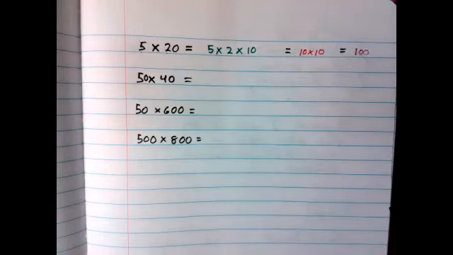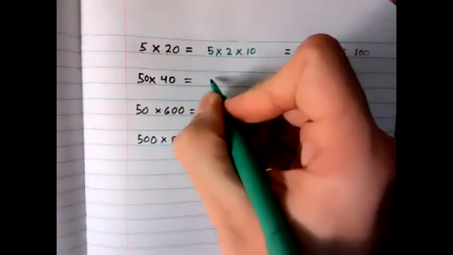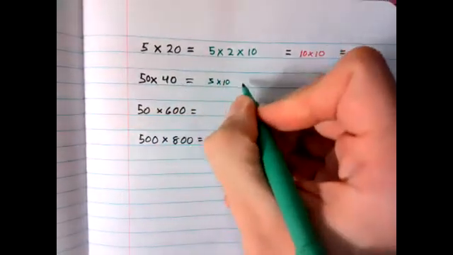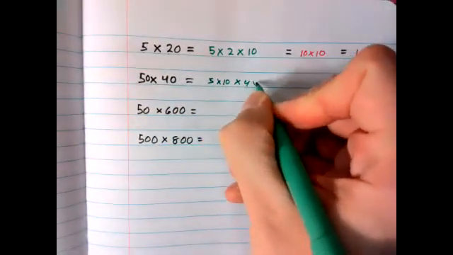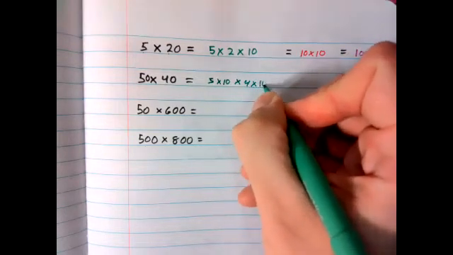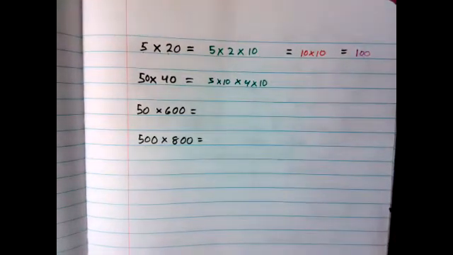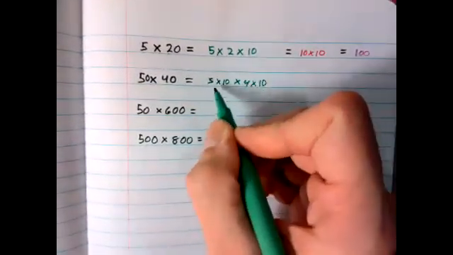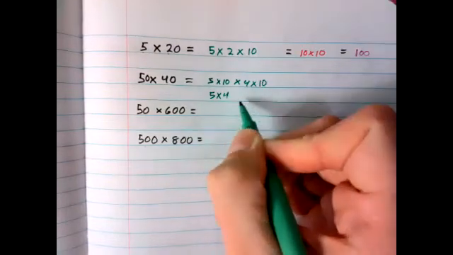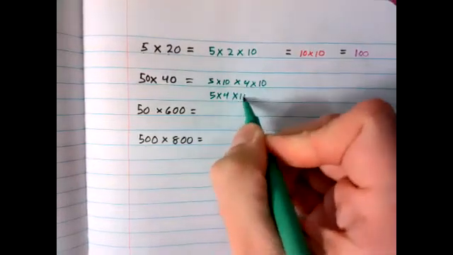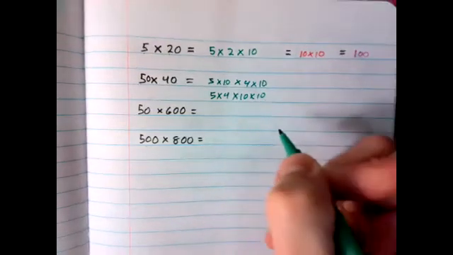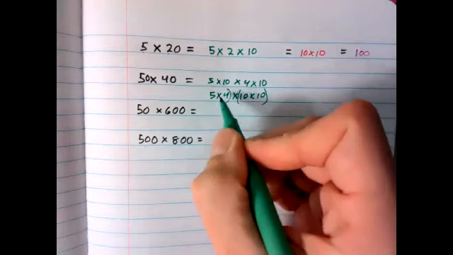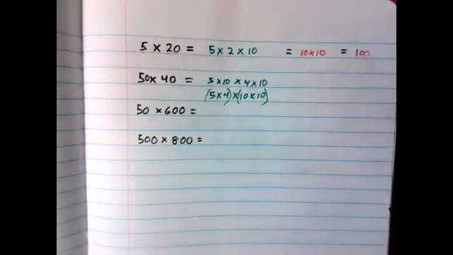So 50 times 40. I can break that up into 50 times 10. Or I'm sorry, 5 times 10 times 4 times 10. And I can actually reorganize this. Let's move them around. Let's put 5 times 4 times 10 times 10. I'm going to put my 10s next to each other, my 5 and 4.